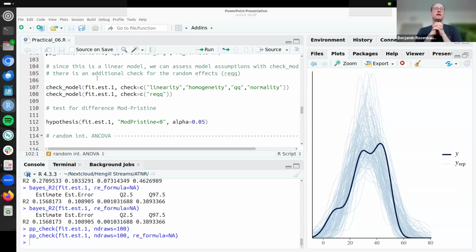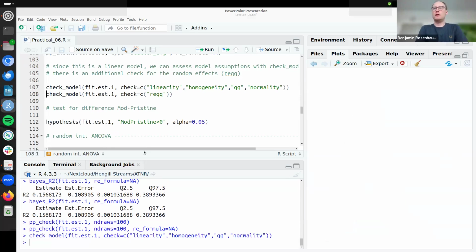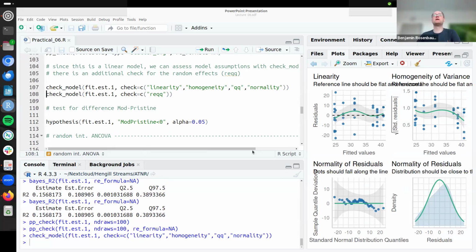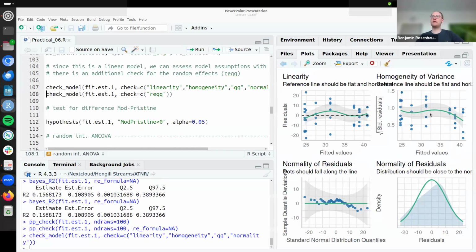Since we are still in this nice linear mixed effects modeling framework, the performance package works quite well here. So we can use the check_model function to check all the other linear modeling assumptions here. For instance, if the variance increases or not, or if the residuals are normal, which isn't super great here, but I think it's also not completely off.